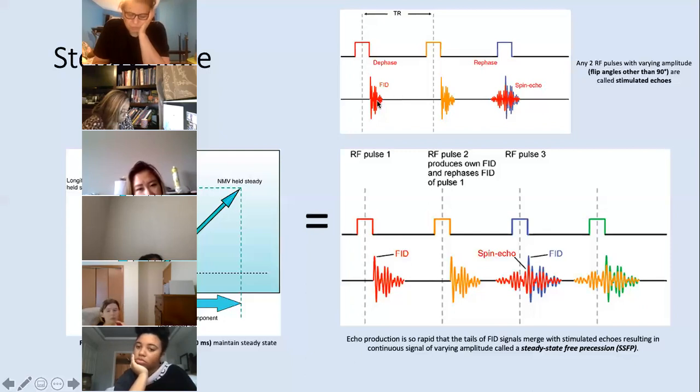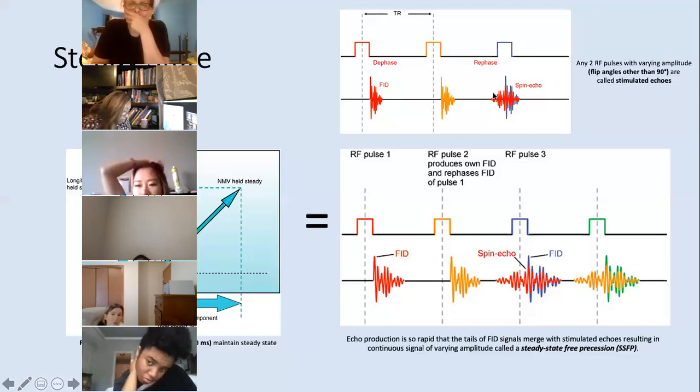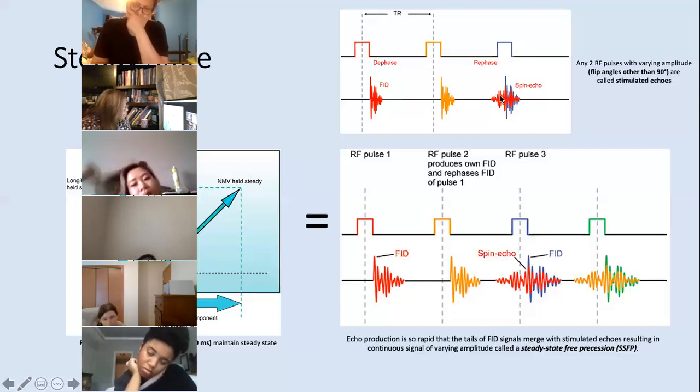So this red FID now gets stimulated to produce an echo. And what happens is it usually overlaps this next excitation pulse's FID. So you can see here, now we have the FID of the third excitation pulse overlapping the first stimulated echo.